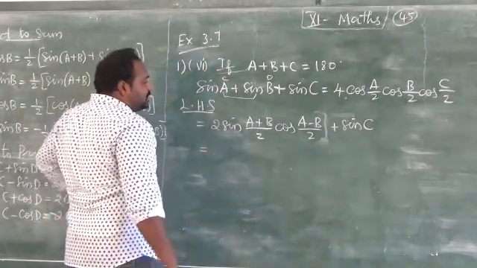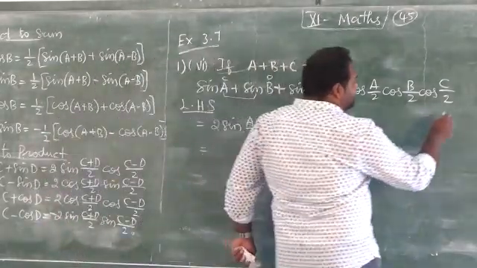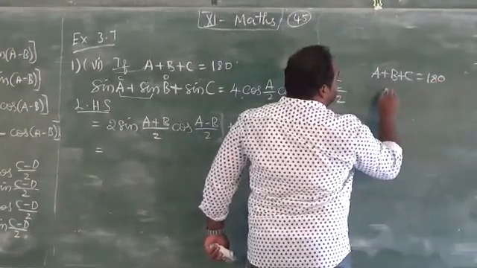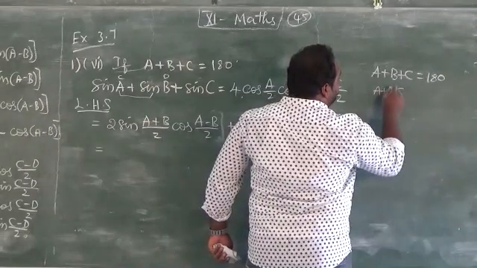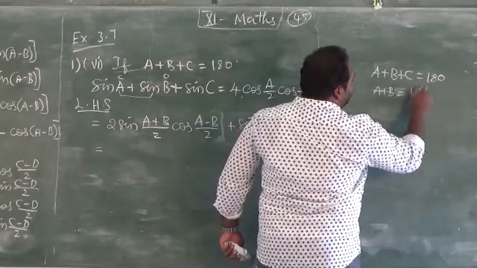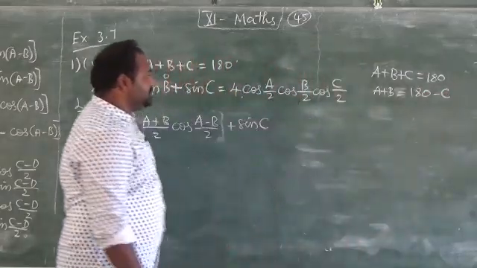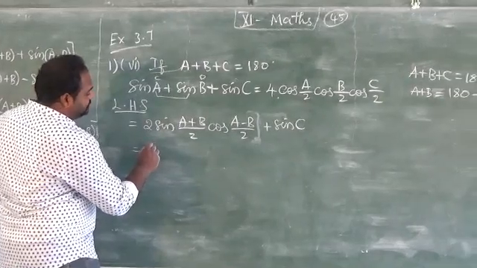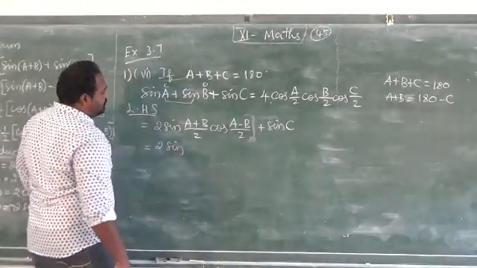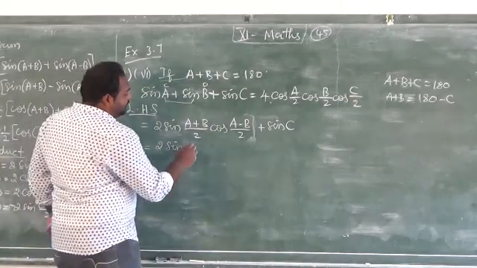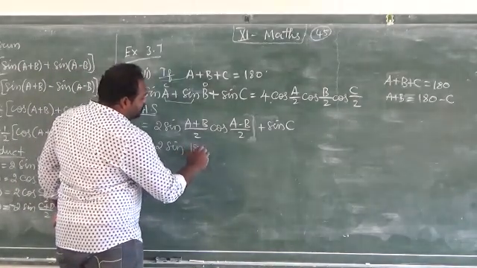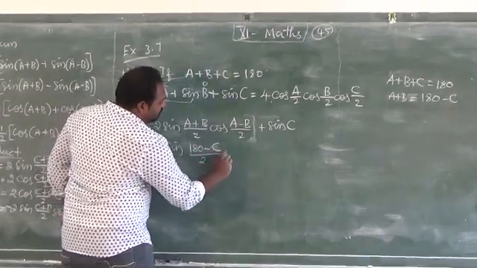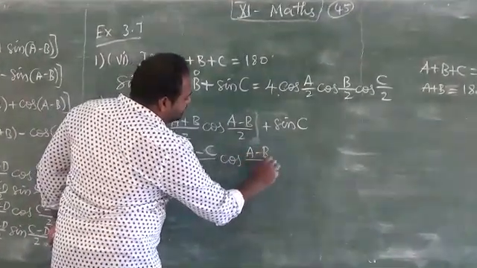Okay, now here by the condition A plus B plus C, so many times we have used this condition, A plus B equal to 180 minus C. So instead of A plus B, I can write 180 minus C. So here sin, instead of A plus B, I can write 180 minus C by 2, cos this one as it is, don't change it.